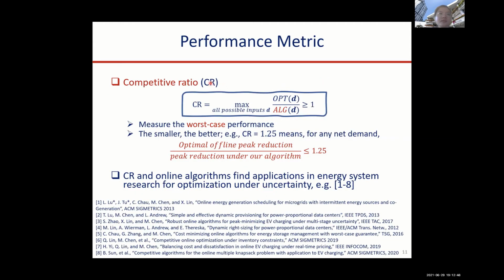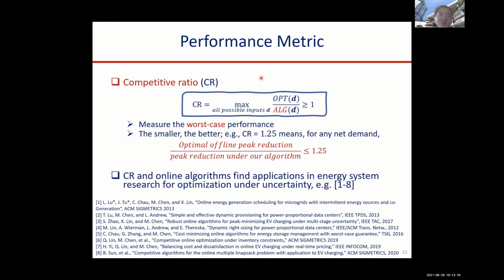We shall use the competitive ratio to evaluate the performance of an online algorithm. The competitive ratio of an online algorithm is defined as the largest possible ratio between the peak demand reduction under the optimal offline solution, where we have perfect future information, and the peak demand reduction under the online algorithm, where we do not assume any future prediction, over all possible inputs.